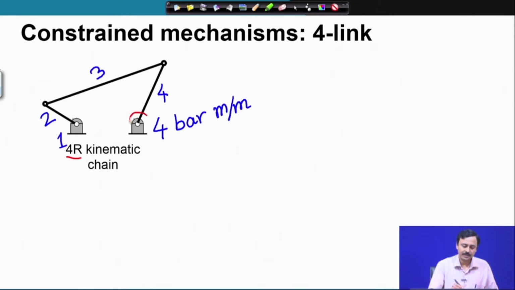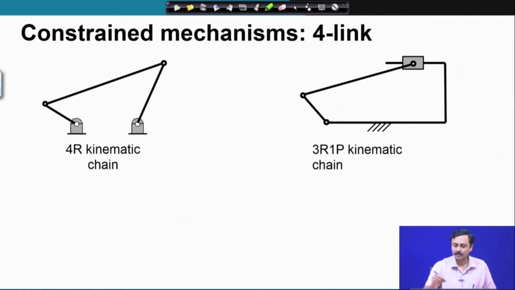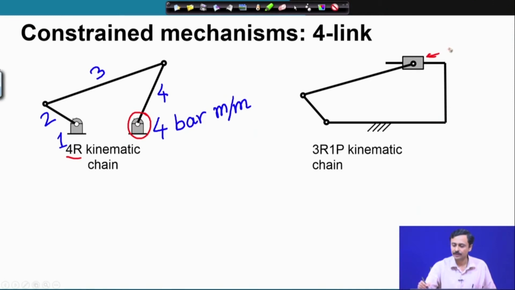Suppose I start replacing one by one by prismatic. Suppose this kinematic pair I want to replace by a prismatic pair, then I have this. So, here I have a prismatic pair. So, this is called 3R 1P kinematic chain.